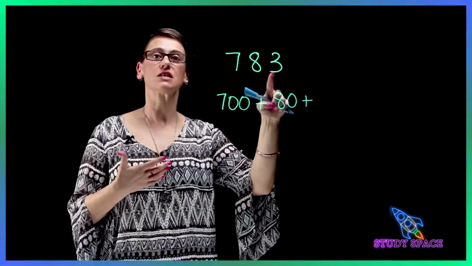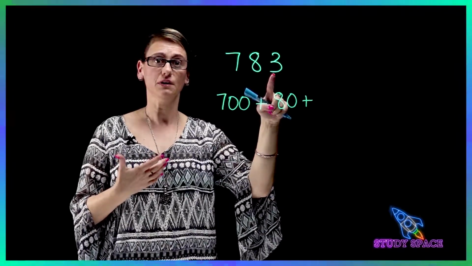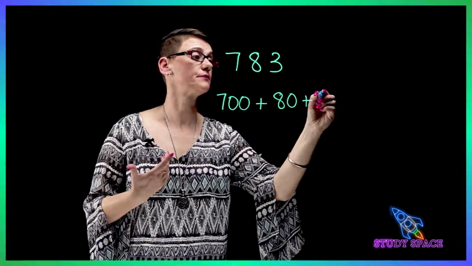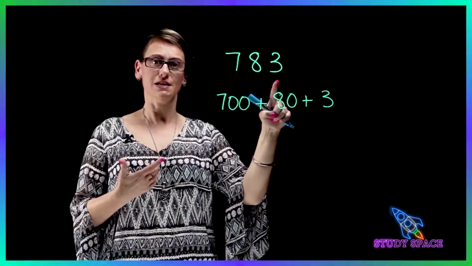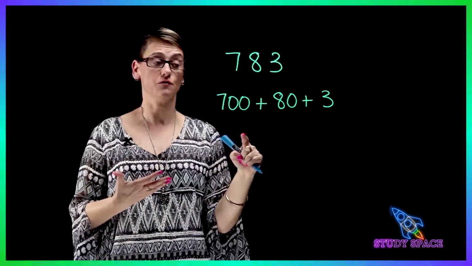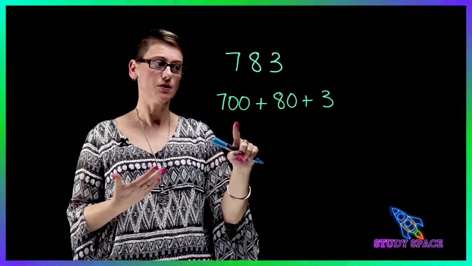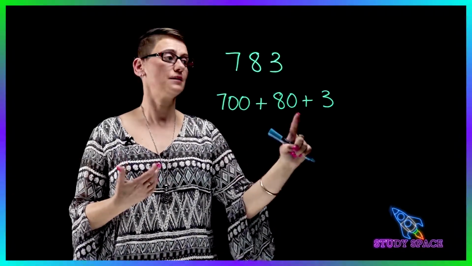And then we plus the 3, which is in the ones column, so it's only worth 3. Okay, so 783 in expanded notation form is 700 plus 80 plus 3.